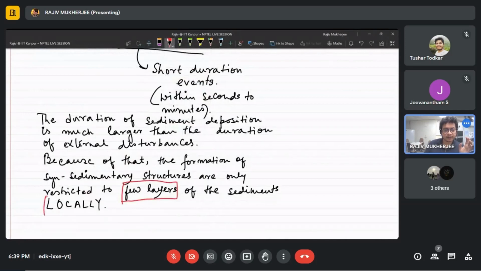So this is a highlighting point, and also this is a highlighting point.